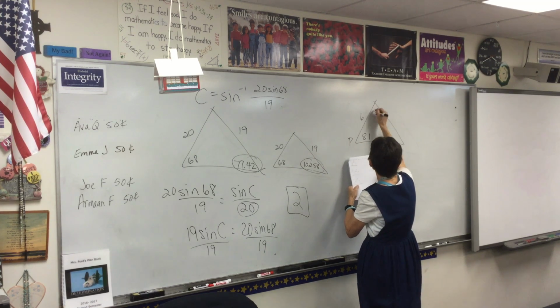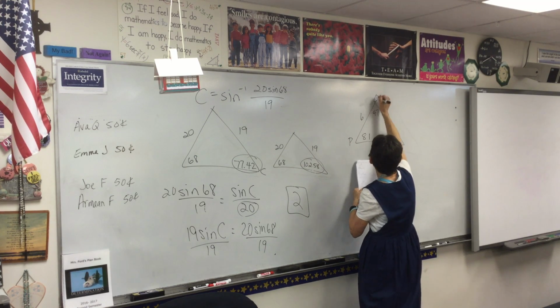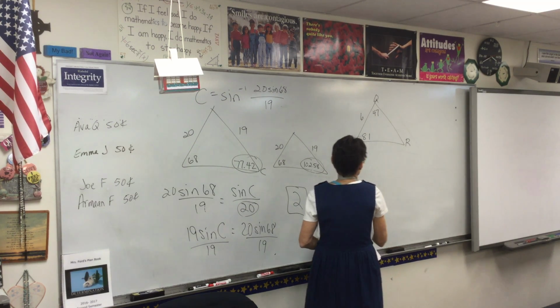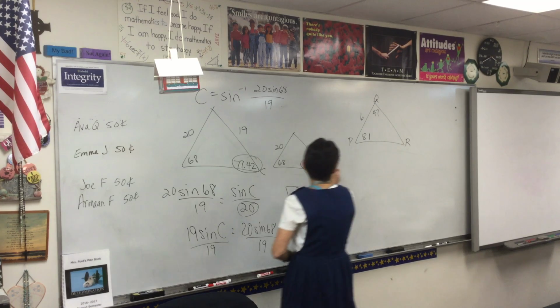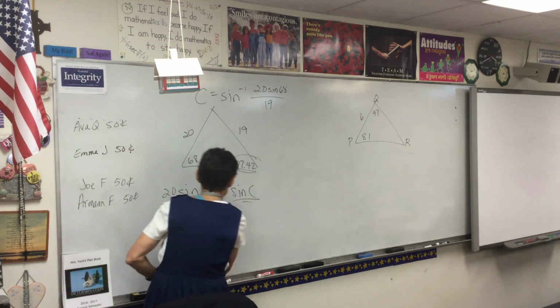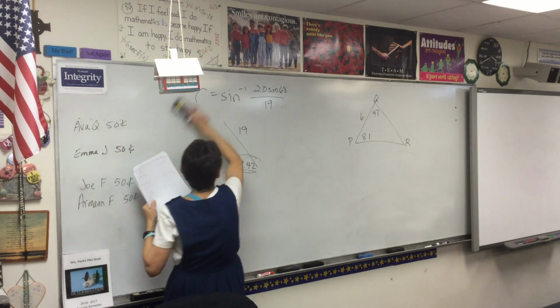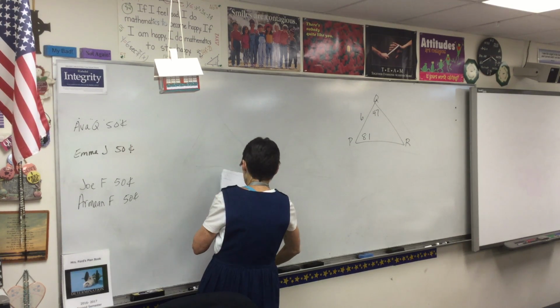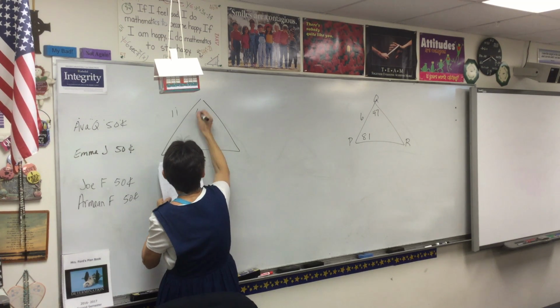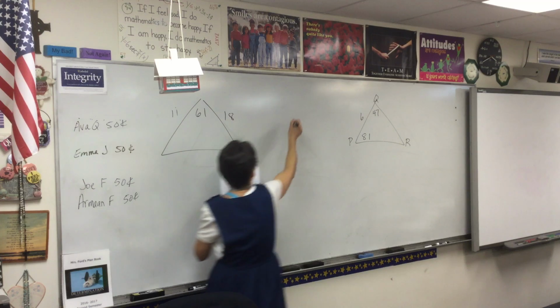Now we're finding the area. I want you to look at the 3 problems in the find the area section. There's that one, there's this one, and there's this one.